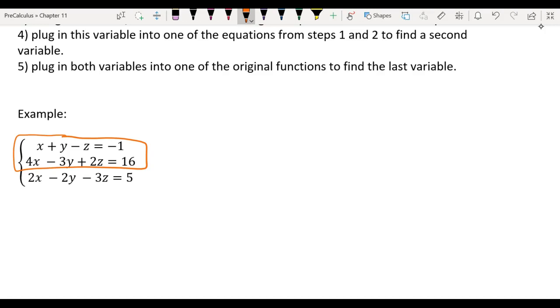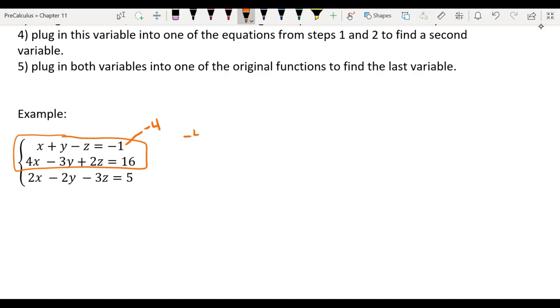Now, on this, I need to use elimination. What variable would you guys like to eliminate? It doesn't matter which one we choose. We just have to pick x, y, or z. You want to choose x. So what do we need to multiply this by so we can get rid of our x's? -4. So I'm going to times this by -4.